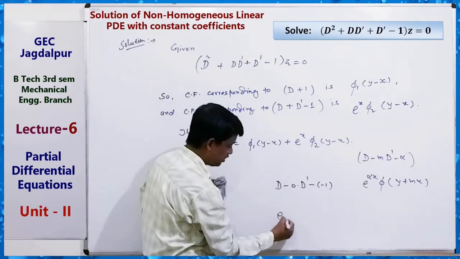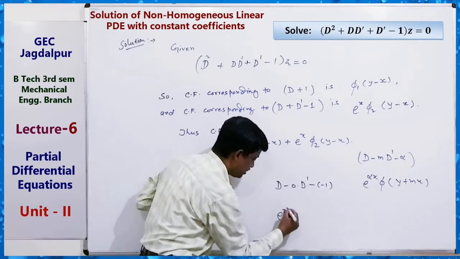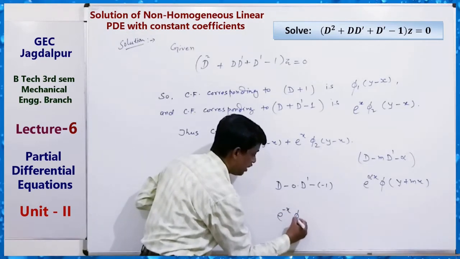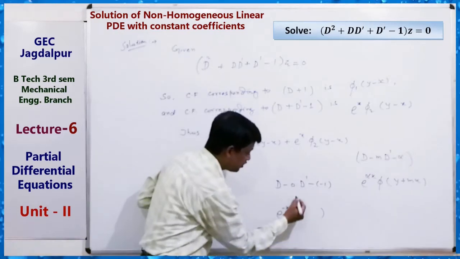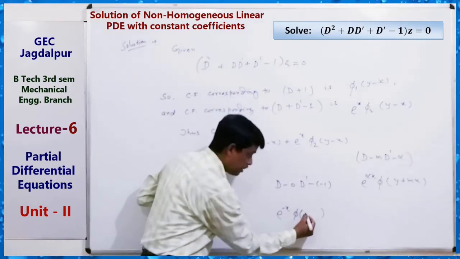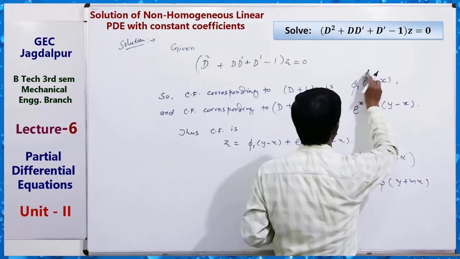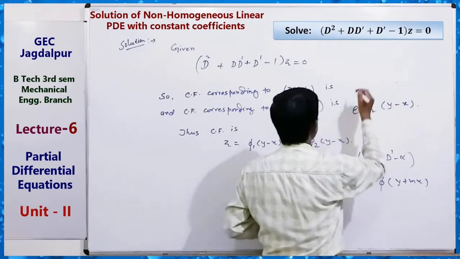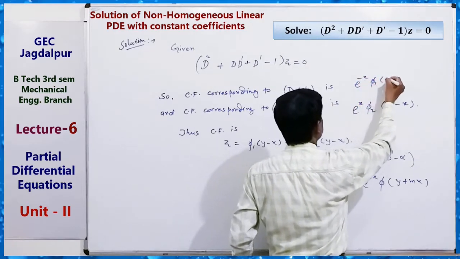So the factor will be e^(αx), meaning e^(−x), and φ of y + mx with m = 0, so y. So this is not the answer. This will be e^(−x) φ₁(y).